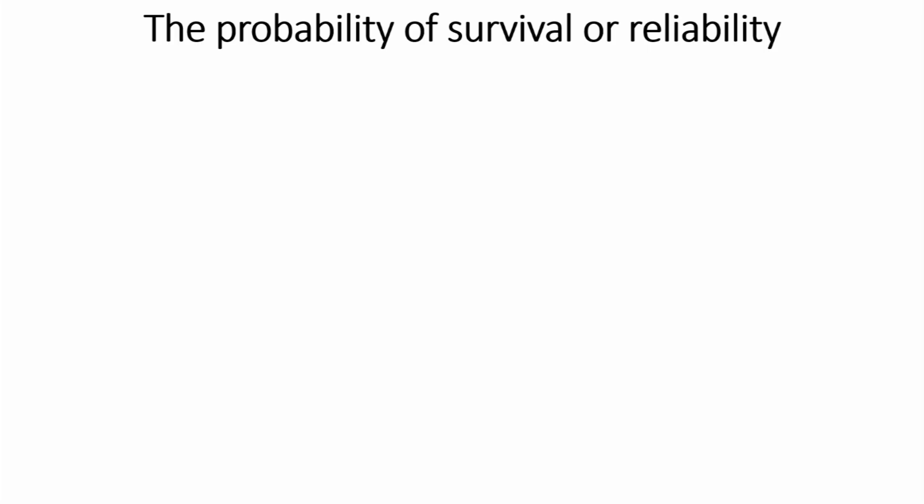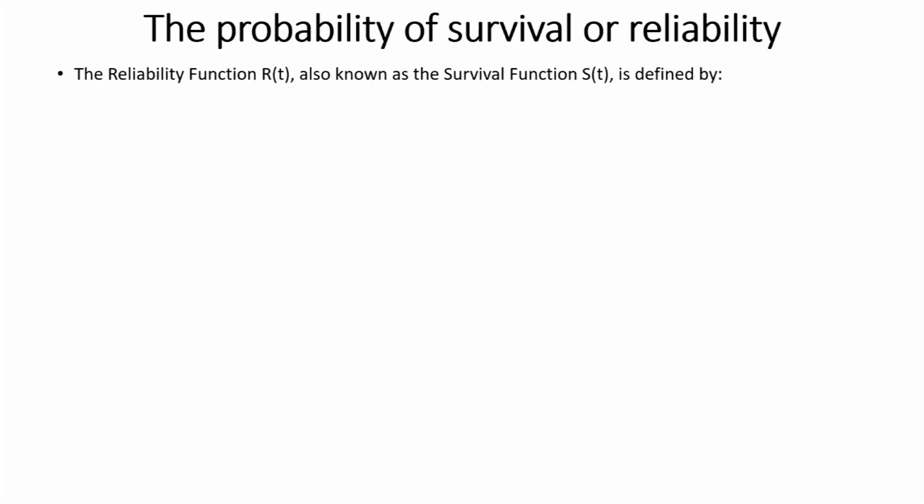Now, let us see what is the probability of survival, or reliability. For the reliability function we will use the symbol R(t). Here t is a random variable, so R(t) is a random function.